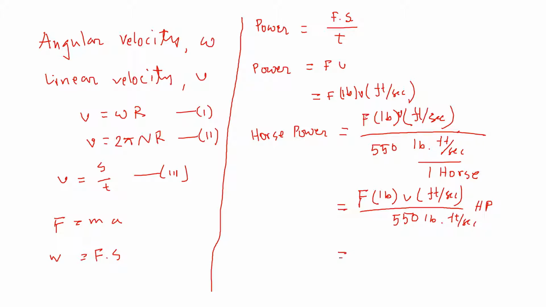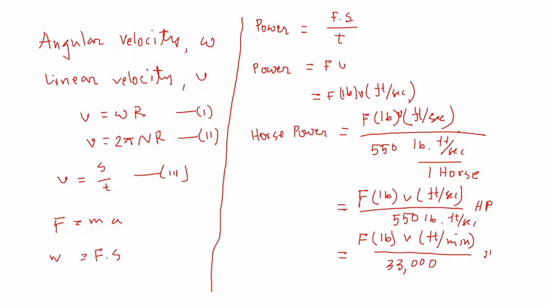If you want to have feet per minute, then it will be just the second and minute conversion. So if you do that, it's going to look like this: pound times velocity in feet per minute, divided by 33,000.